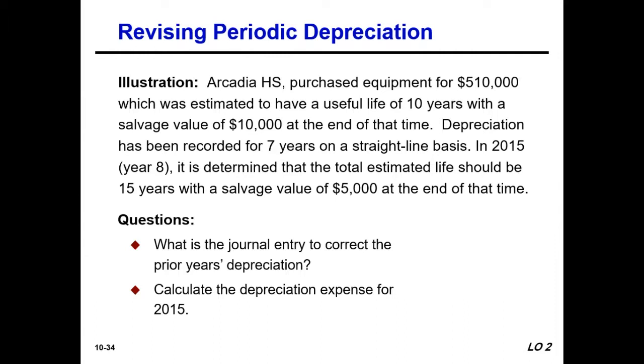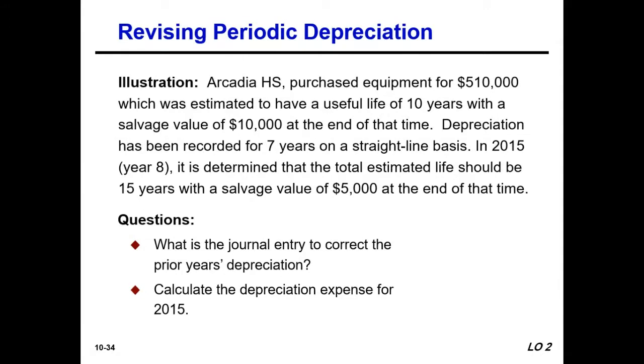Before, we think that the life of the asset is 10 years, and that's how you record it until year 7. And after 7 years, you find out that the life of the asset is not 10 years, it should be 15 years. So it means you have to make an adjustment to the depreciation expense. The question says, what is the journal entry to correct the previous year depreciation?